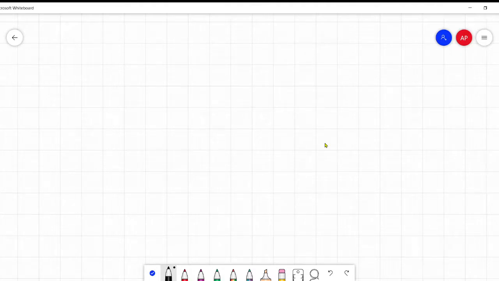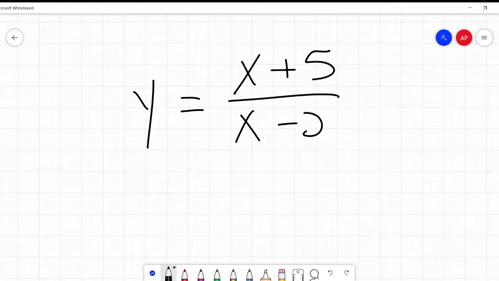Now, why is this really important in algebra, more so even than in previous things? You're going to see things like, say, y equals x plus 5 divided by x minus 2. What is the domain and range? That's for another day. But it's basically saying what values of x and y will make this true.